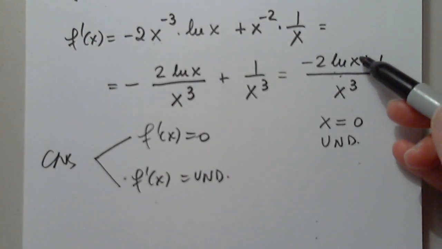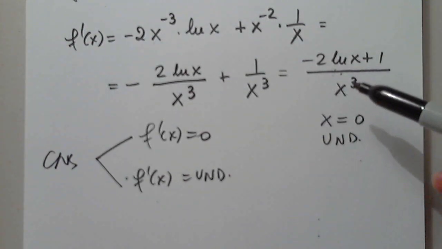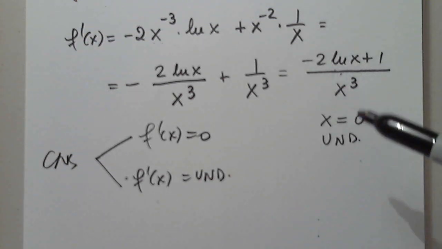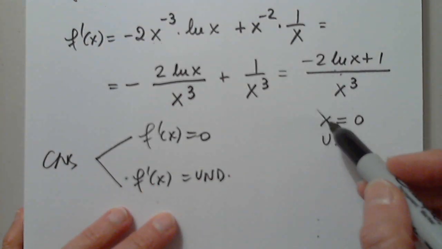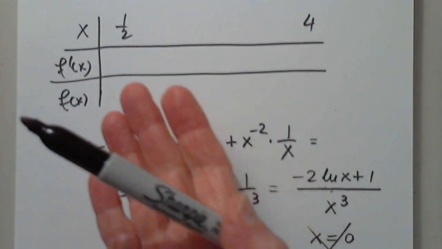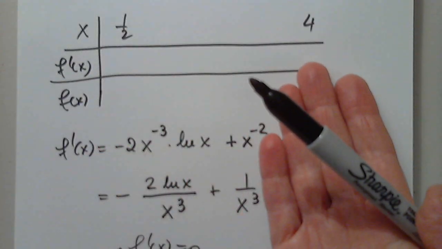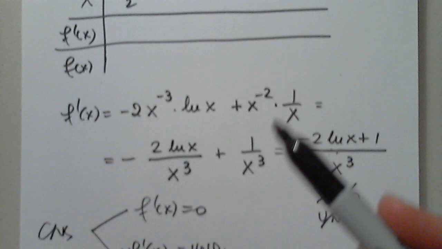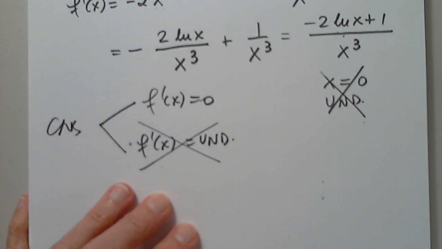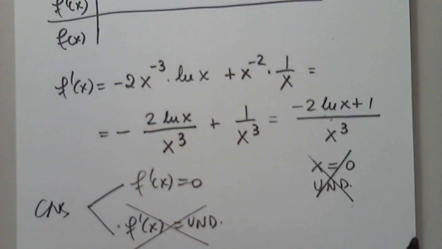It's also undefined to the left of 0 because natural log does not exist. But we don't have to worry about it. 0 is not in the domain. We have from 1/2 to 4. So there is nothing that I can put in the table because it specifically says 1/2 to 4.